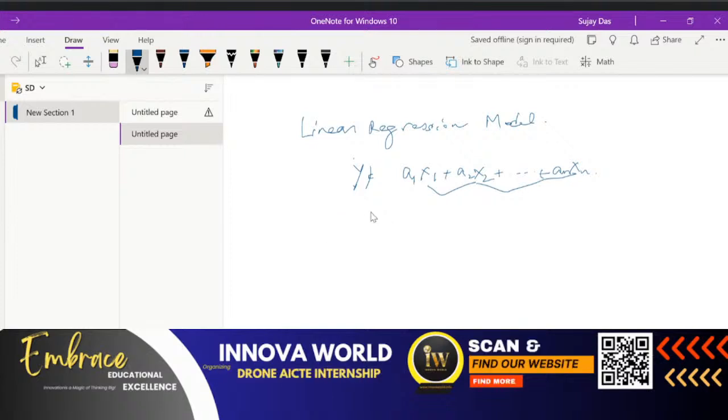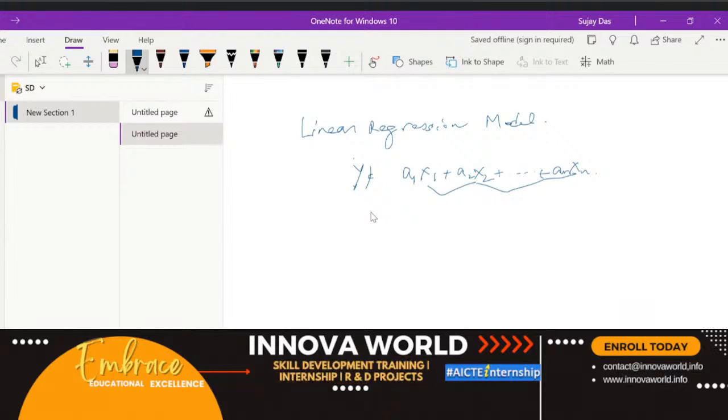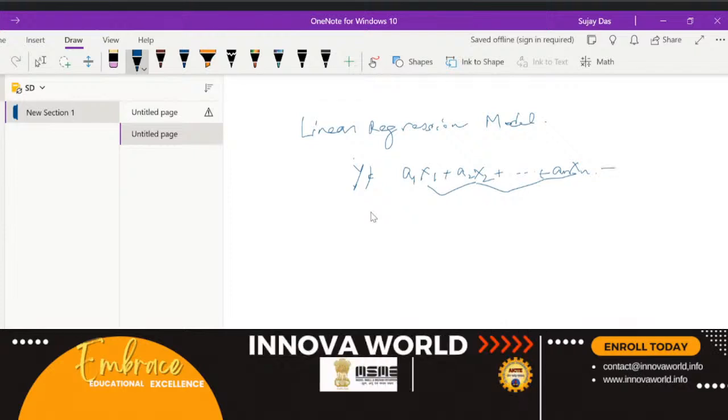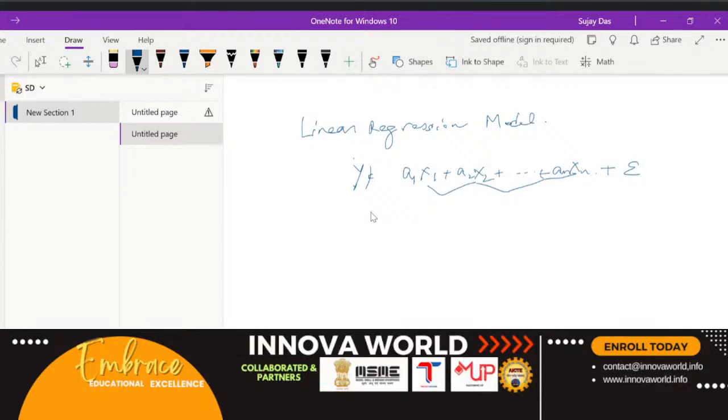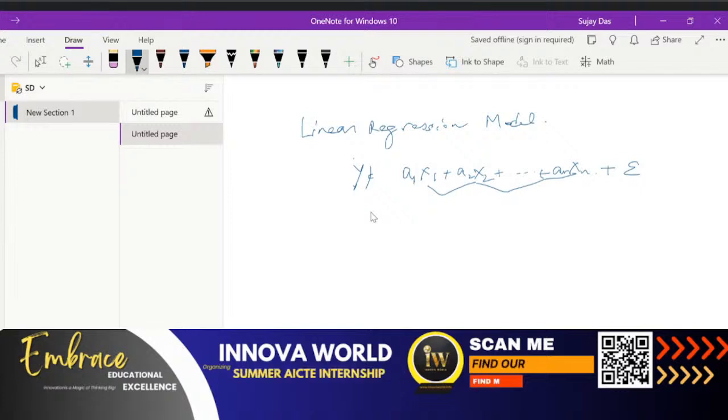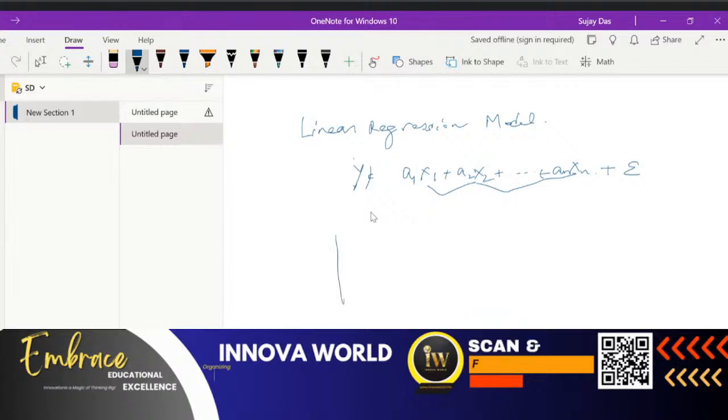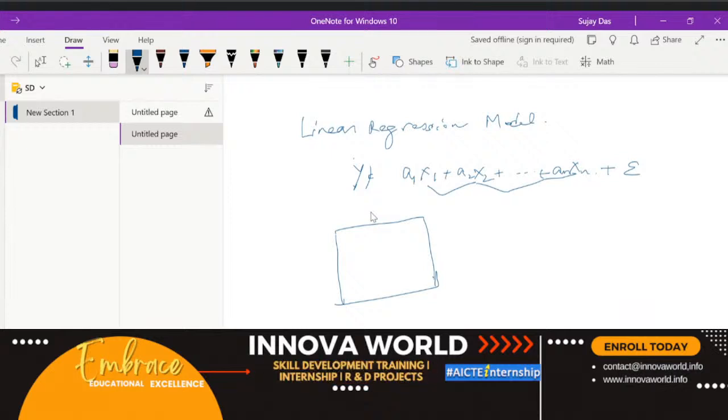And as we will not be able to explain all of the variation in y using this model, there will be some error left after the explanation. Suppose this whole box is the amount of variation in y, and we'll be able to explain this part.